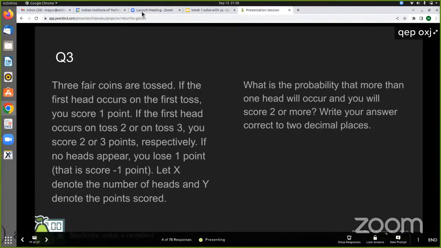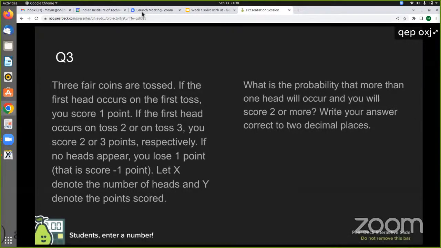The first head of the first toss scores 1 point. If the first head occurs in toss 2 or toss 3, score 2 or 3 points respectively.